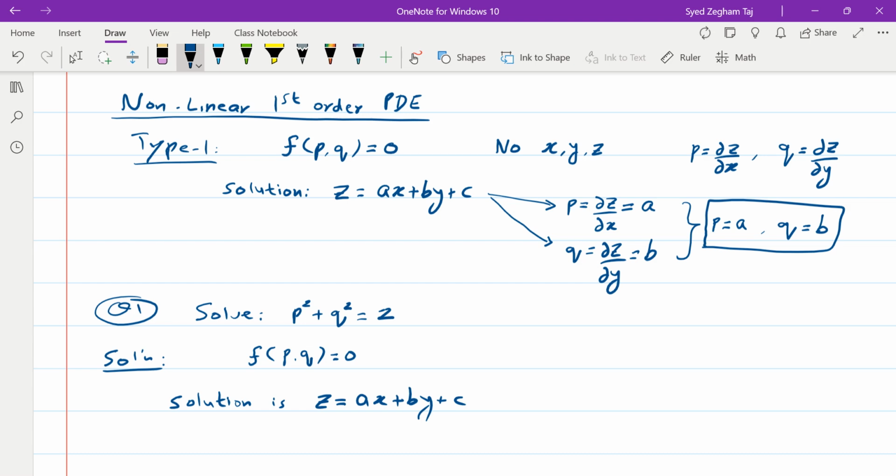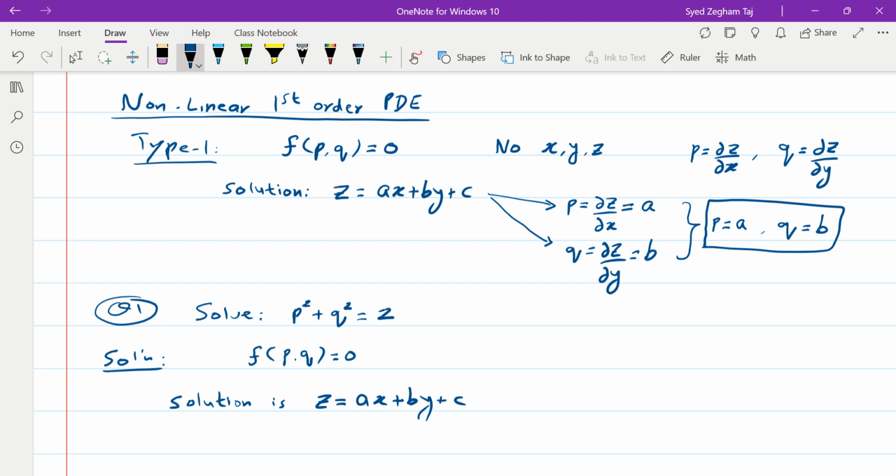So the solution is complete. Okay, we have solved the partial differential equation, but I don't think anyone will ask you such an easy question, right? So let me make some change to the question.